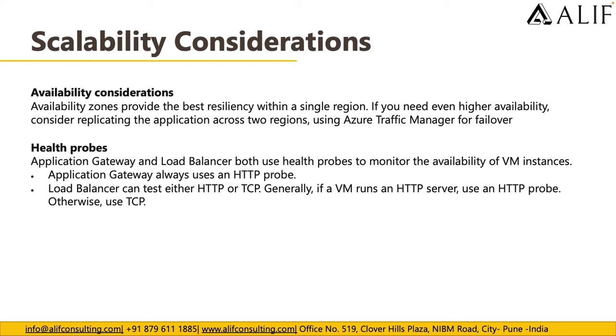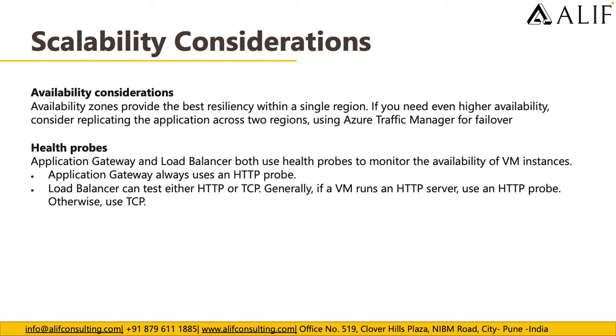Availability considerations, as I told you, you have two types. You can either spread across availability zones, or use an availability set to get availability within one region. But if you are looking for disaster recovery, or availability in case a region goes down, you can use a recovery vault to replicate the virtual machine to the secondary region, if you are using virtual machines to develop the solution.